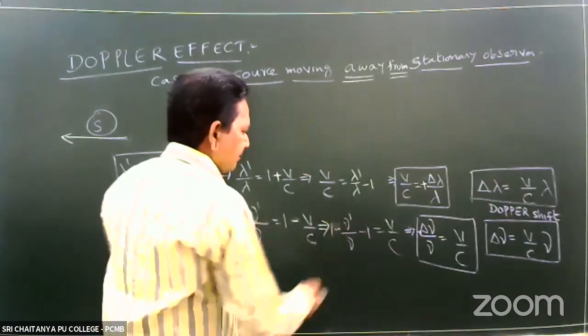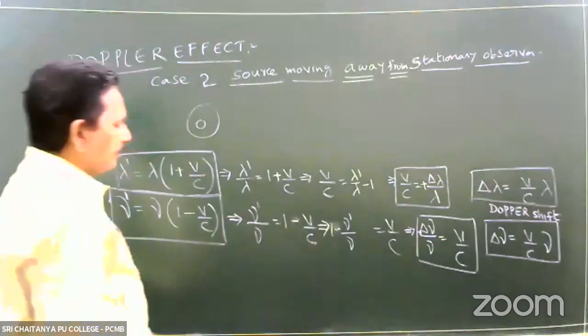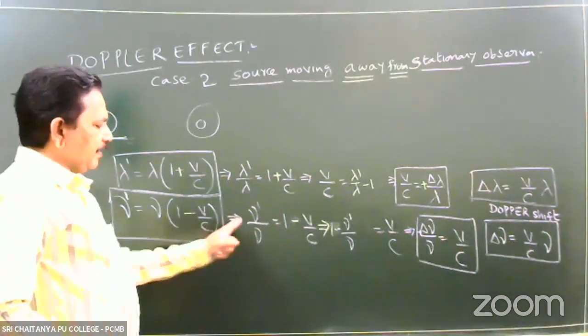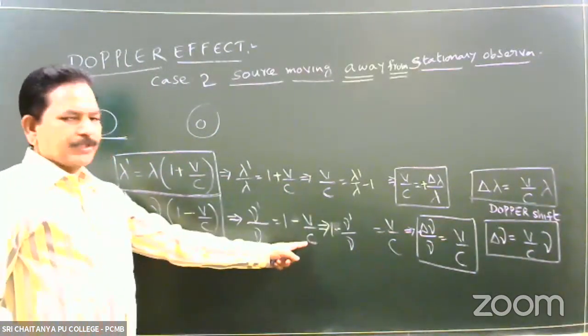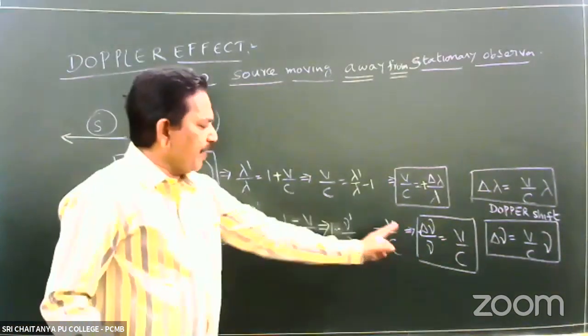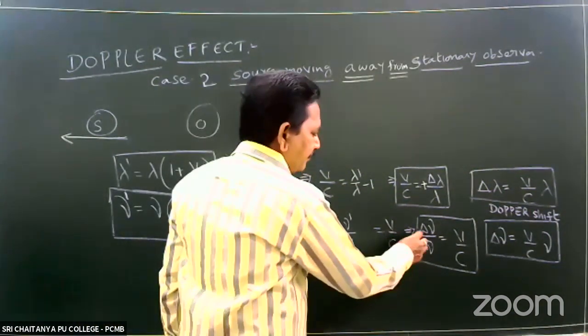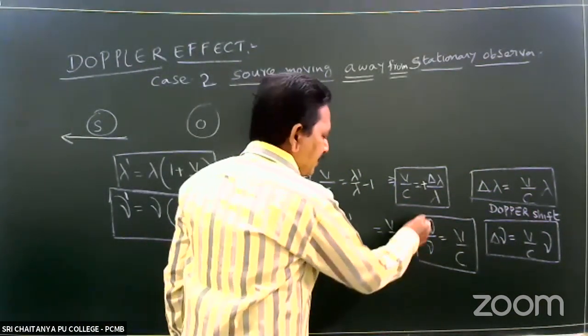Because V by C goes to this side, nu dash by nu comes to this side. 1 minus nu dash by nu is equal to V by C. But here we will get minus sign. That's all. What does the minus sign indicate?